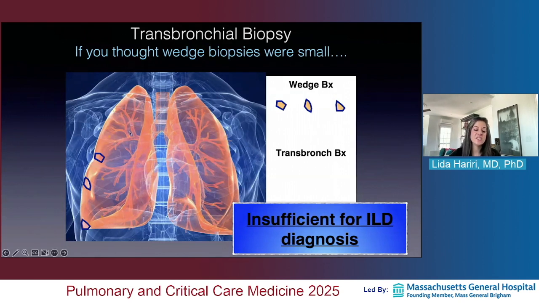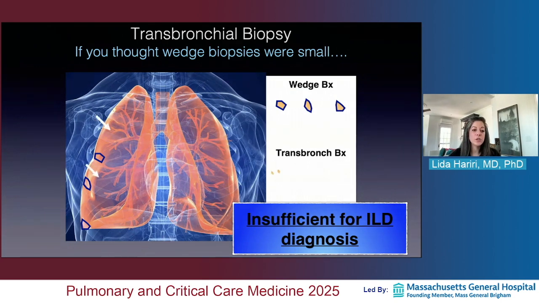The reason for that is if you take a look at these little tiny blue, terribly drawn things that I've created here, this is a representative sampling of how much tissue we might be getting from a wedge biopsy. I'm sure it's not exactly to scale, but you can get my meaning, I hope.